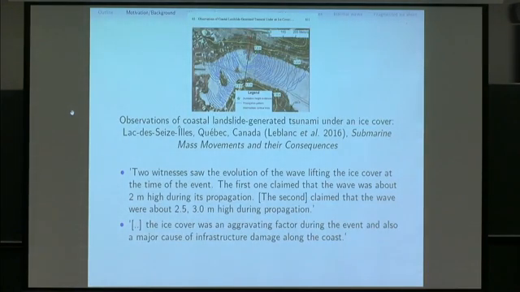And another ice-related problem is an observation of some sort of tsunami under ice. There was a landslide in Lac de Saisiel in Quebec, some 100 kilometers north of Montreal. This is where the landslide occurred, and then the waves propagated, and they were quite big waves.